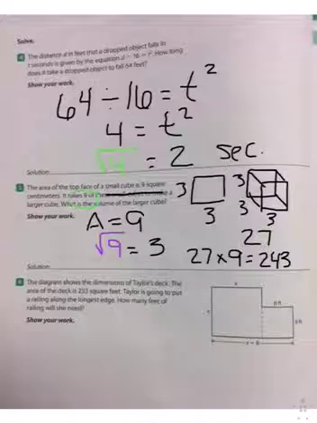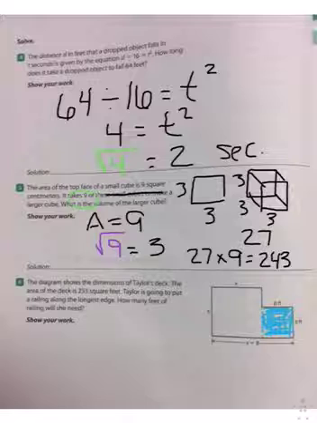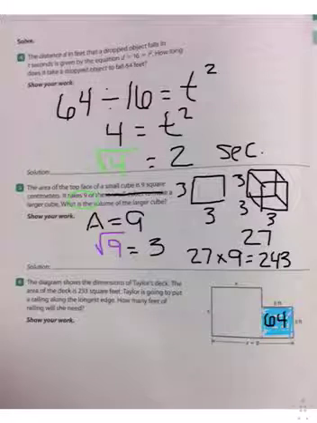And the last problem, number 6, it says the diagram shows the dimensions of Taylor's deck. The area of the deck is 233 square feet. Taylor's going to put a railing along the longest edge. How many feet of railing will she need? If we have our deck picture here, we know that our first section of the deck, where it says 8 feet by 8 feet, has an area of 64.